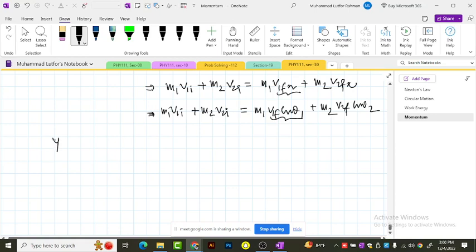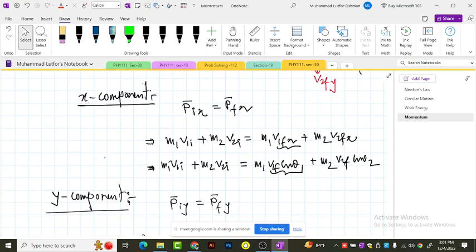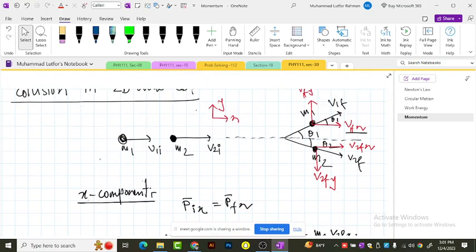Now for the y component, I'll write piy must be equal to pfy. Then piy is equal to 0, because initially it doesn't have any component towards the y direction.